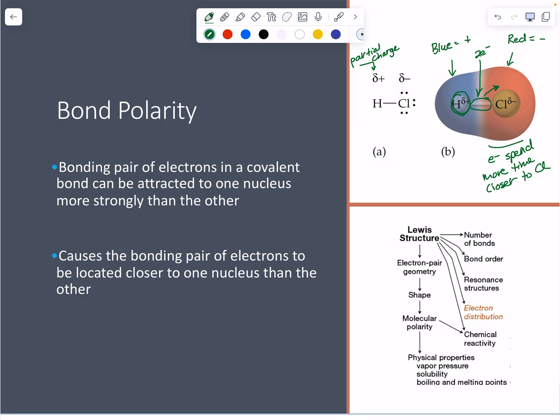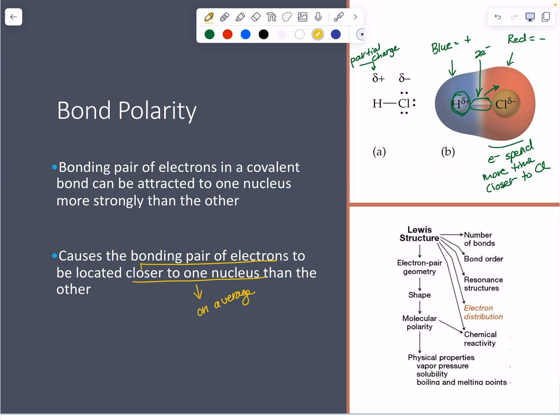Atoms in a polar bond are going to have non-zero partial charges, and they'll be negative or positive depending on whether it's the more electronegative element or not. And the bonding pair of electrons is going to be closer to one nucleus, and whenever we're talking about electrons, we've got to remember they're always moving, so this is going to be on average.